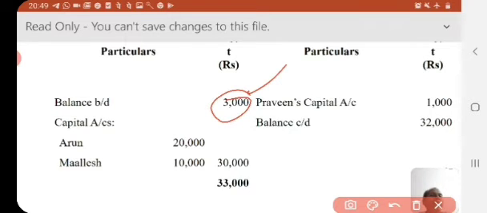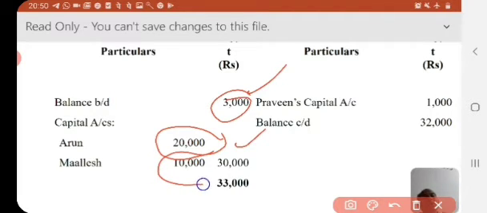Okay. Arun has brought an amount of 20,000. He brought it in the form of cash, for additional capital. And this is also additional capital of Mallesh. This is Arun.